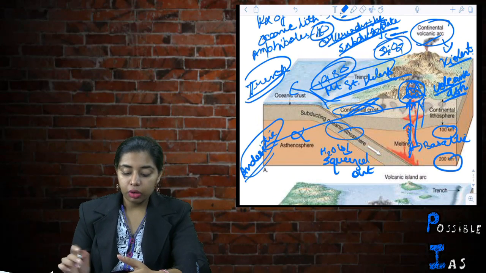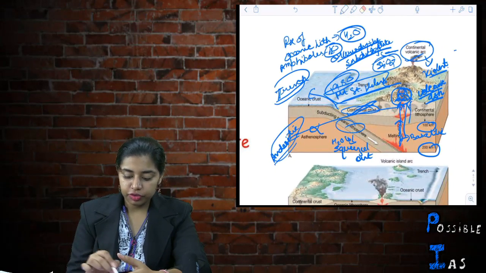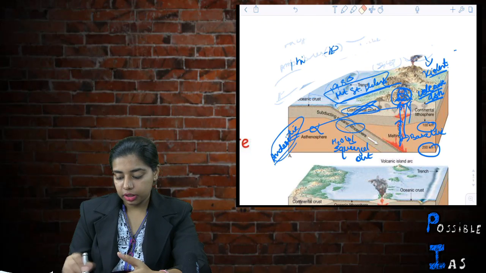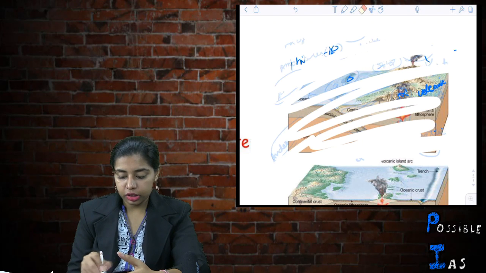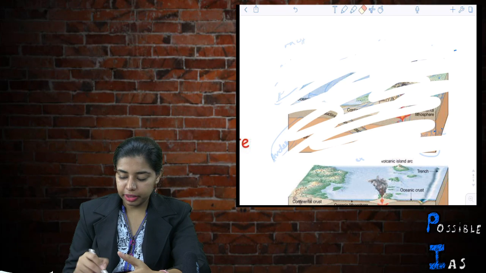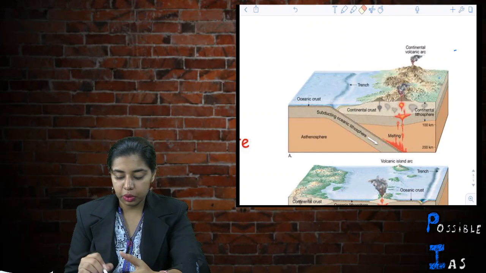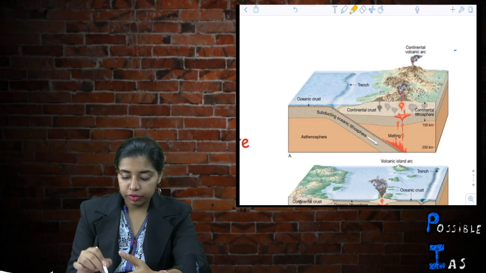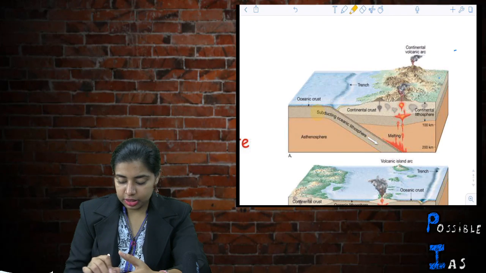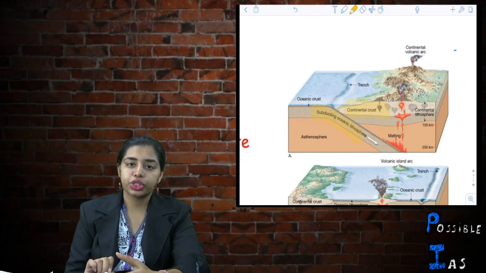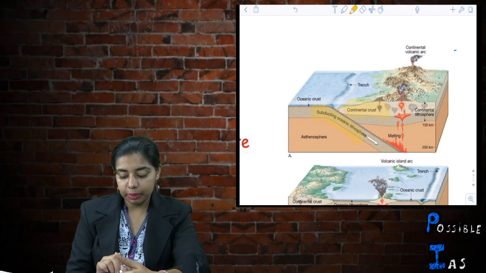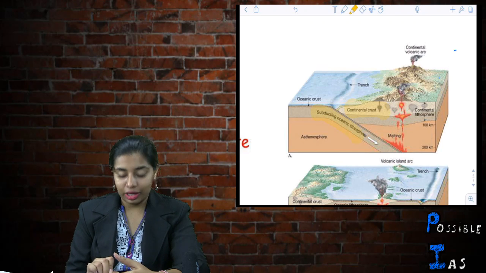Now let's discuss once more, revise it. In the convergent plate boundary, the first thing that we have studied is a convergence between an oceanic crust and a continental crust. Now oceanic crust is denser, so it subducts beneath the continental crust, right?